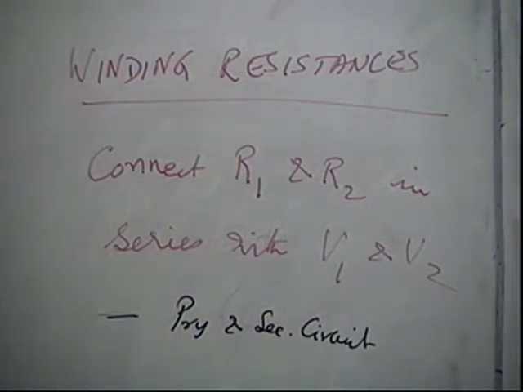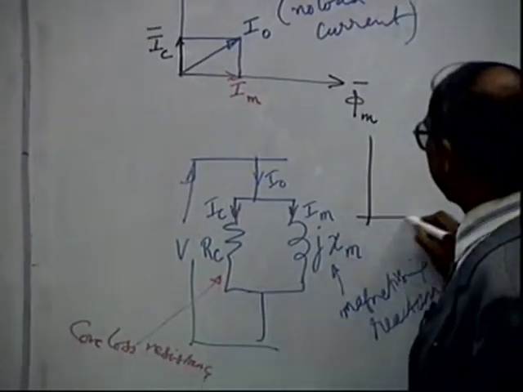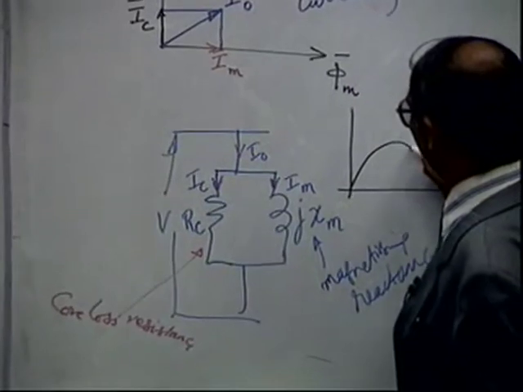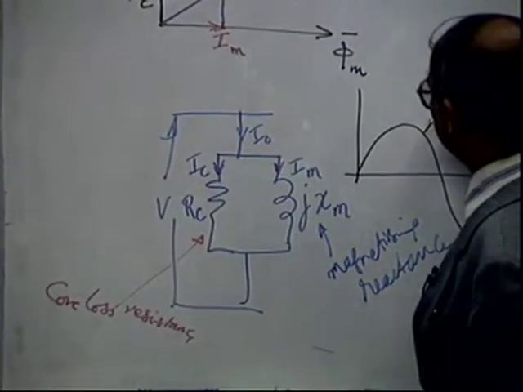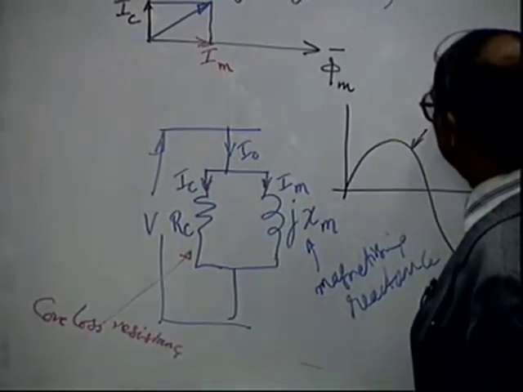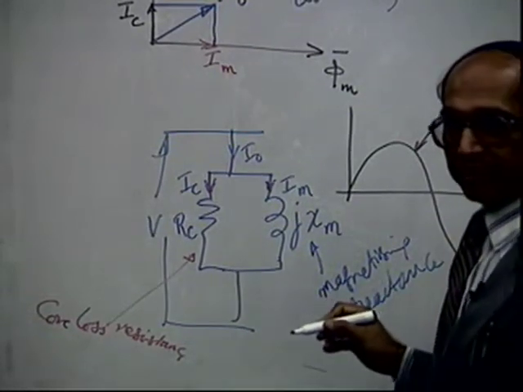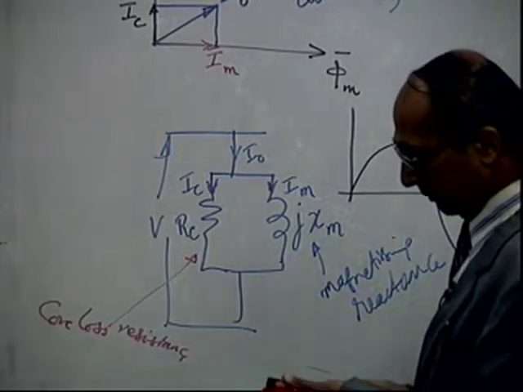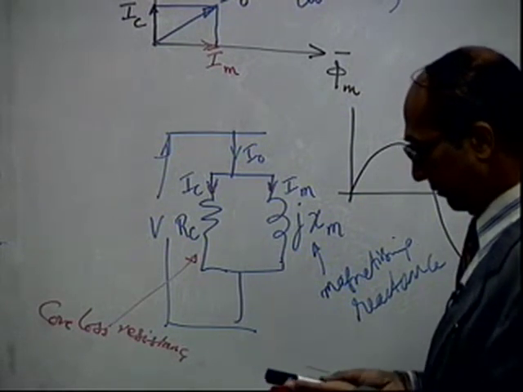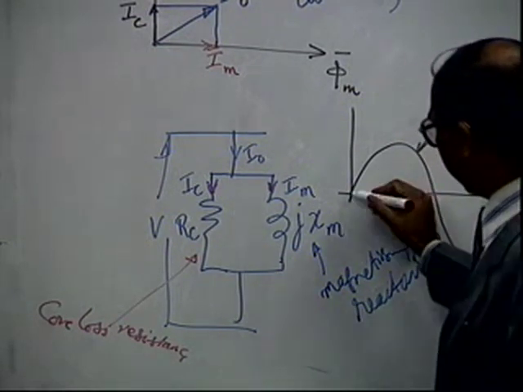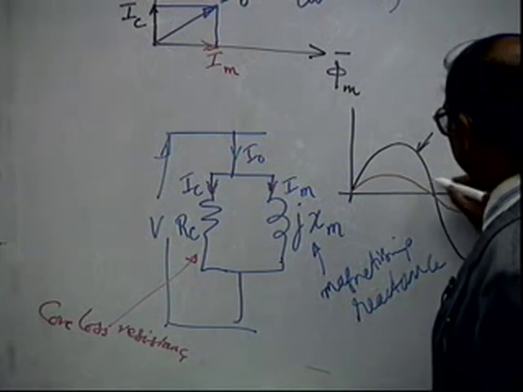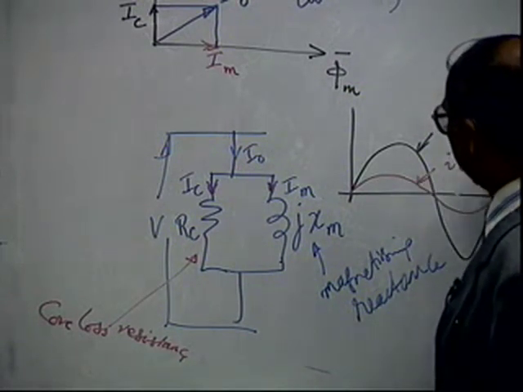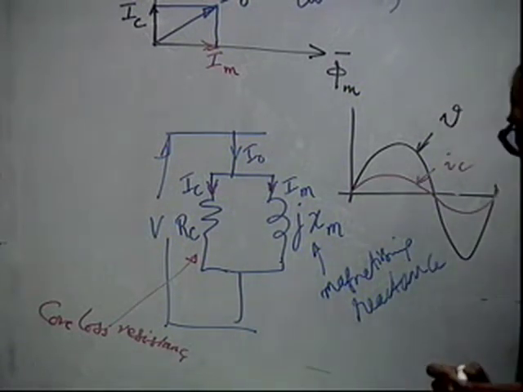In fact, if you draw this, so what you are really trying to say is, if you have the voltage waveform, you will have the current, you have the core loss current like this, and where will be the magnetizing current?